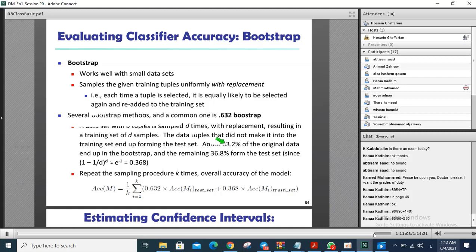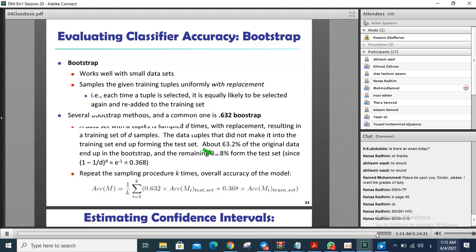It can be proved that using this technique, about 63.2% of the original data will be put into the train set, and 36.8% of data will be put in the test set. It can be proved mathematically.